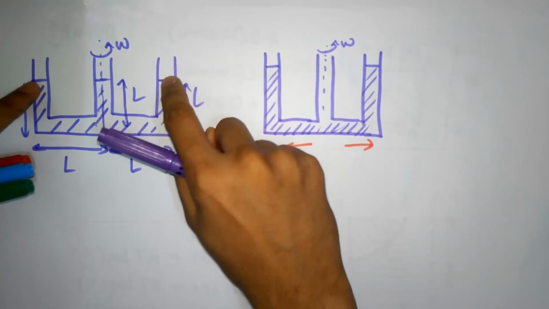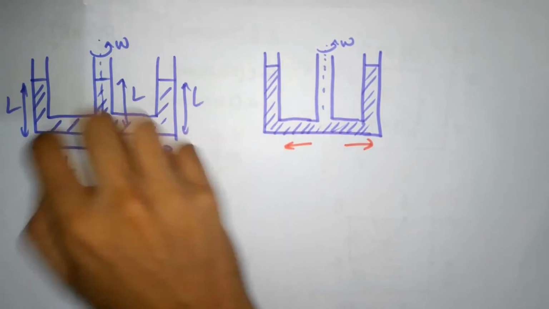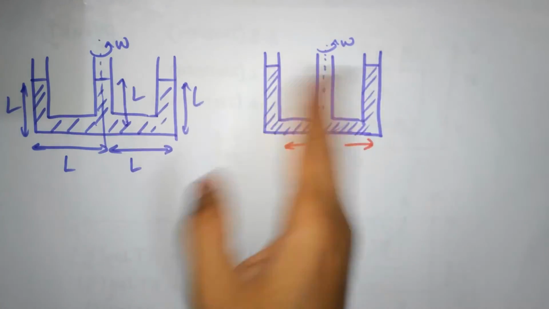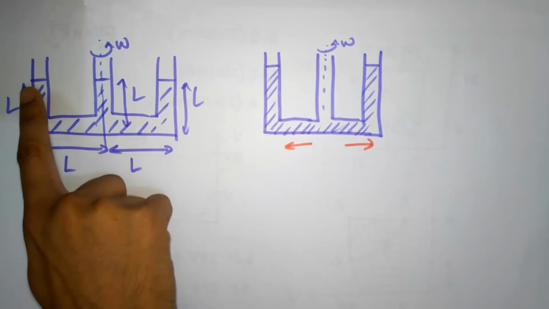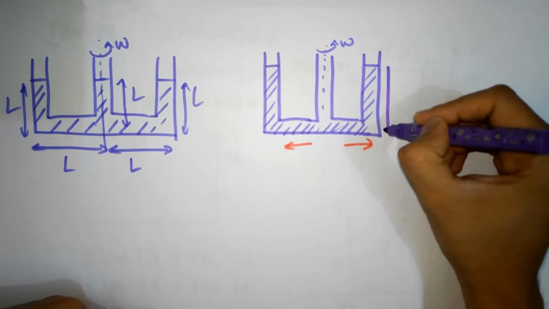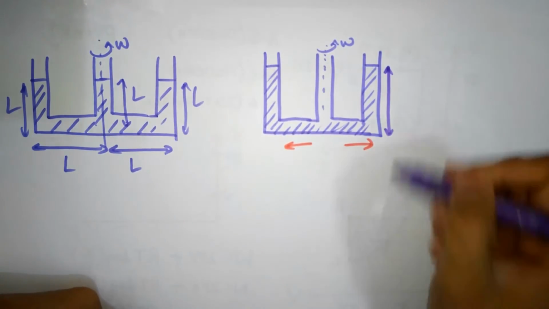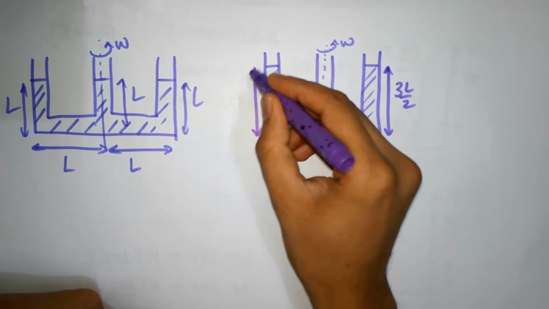Because this thing drops down and these two levels go up, L amount of fluid is removed from here and given. And since the situation is symmetric about the axis, half the amount of liquid goes here and the rest half goes over there. And because of this, the new length is going to be L plus L by 2, and that's going to be 3L by 2. The new length over here is also going to be 3L by 2.